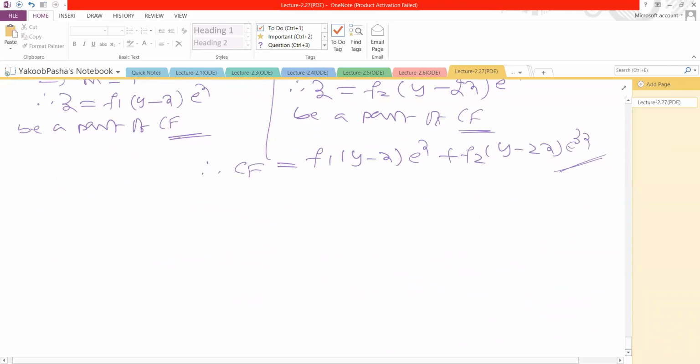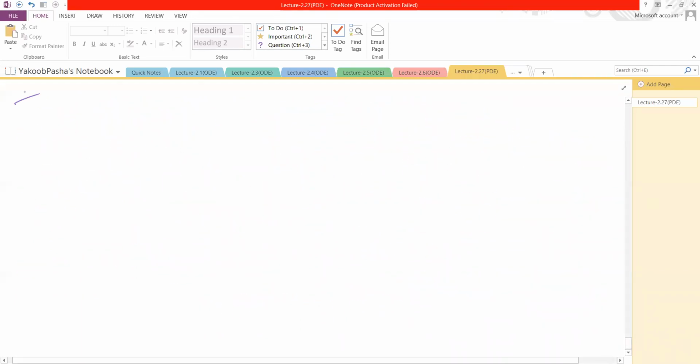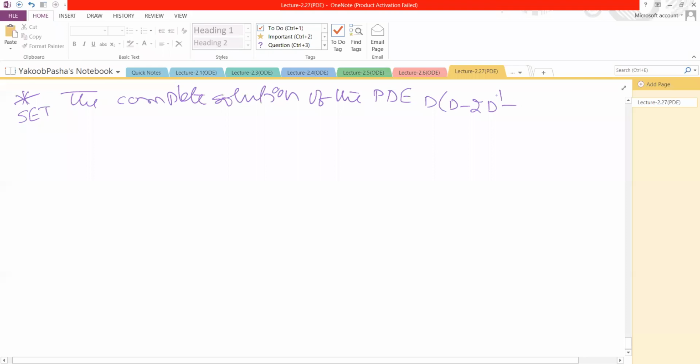Okay, and now I'm taking one problem from SET. This SET, it is not from our state, it is another state's SET problem. The complete solution of the partial differential equation D of (D minus 2D dash plus 3) into z is equal to e to the power of x plus 2y.